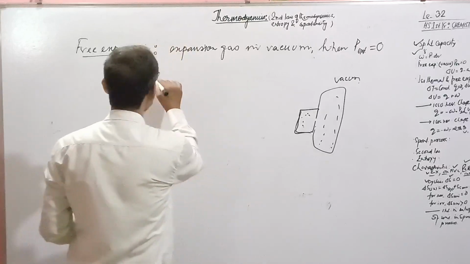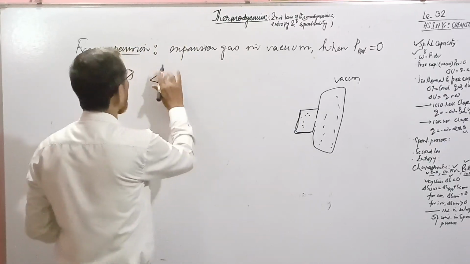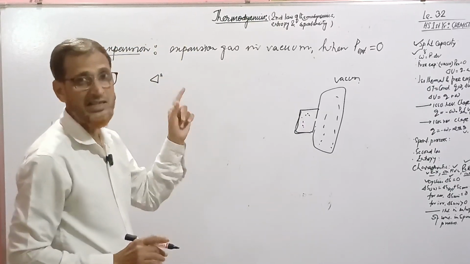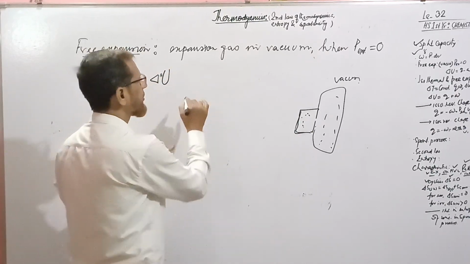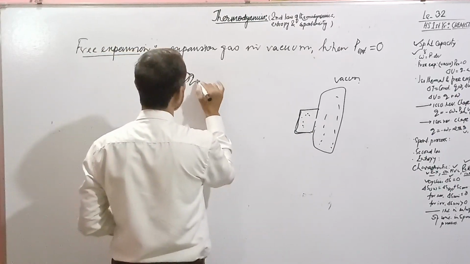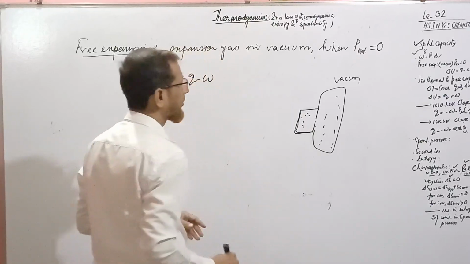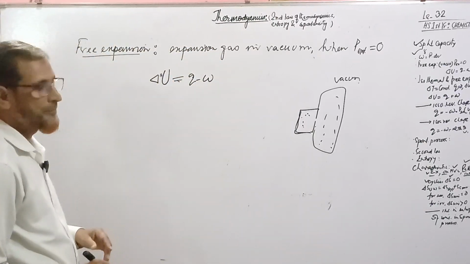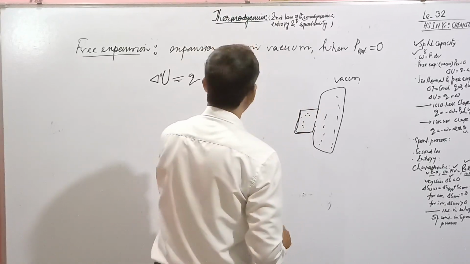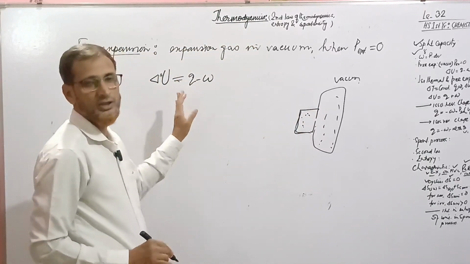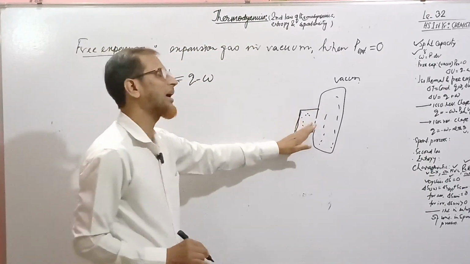So for free expansion, from the first law, earlier in a class I wrote E, but in your book it is U. So you write ΔU is equal to Q minus W, where work has been done by the system. If work is done on the system, work is plus.